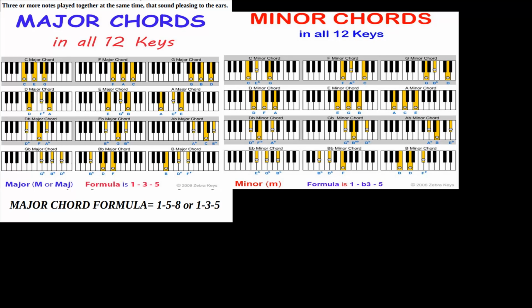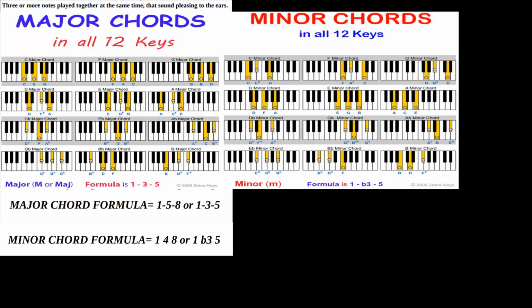For minor triads, the formulas were very similar. We had 1-4-8 or 1-3-5. The 1-3-5 formula did the same thing as the major scales, where we took the key and the scale itself and built a triad on the first, third, and fifth notes. The difference in this case was we took the third note and lowered it by a half step to make it a flat 3.